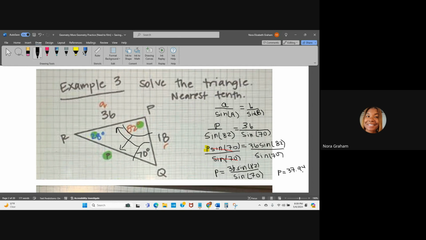I believe they asked us to round to the nearest tenth. Okay, that's our tenth. Look next door. 5 or more, raise the score. 5 or less, let it rest.